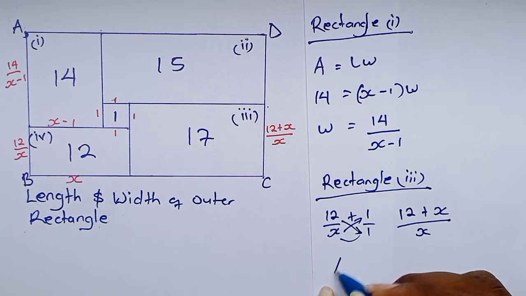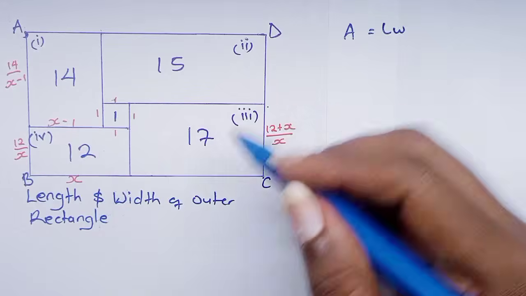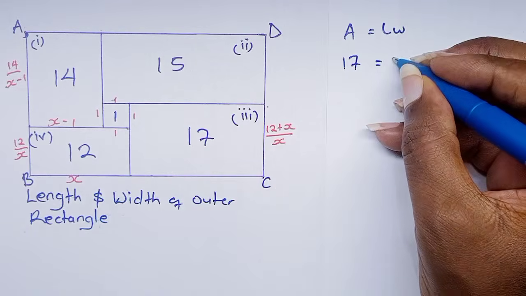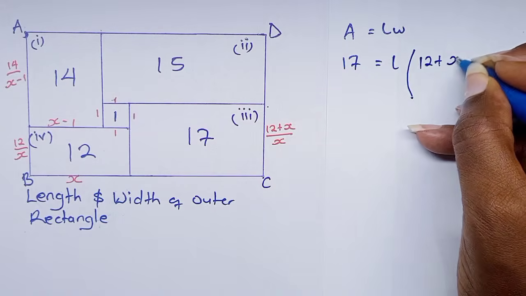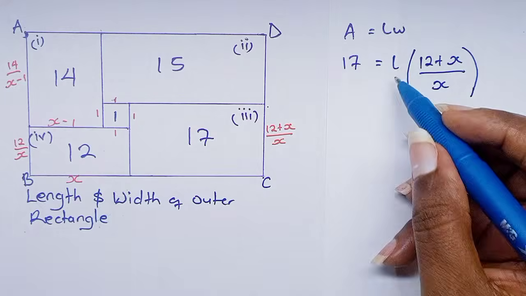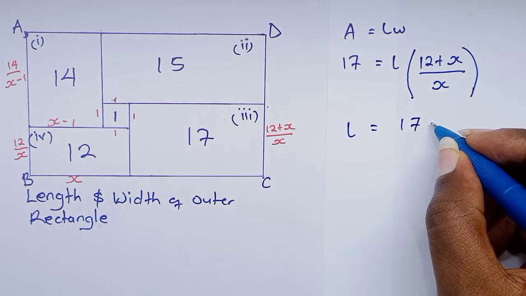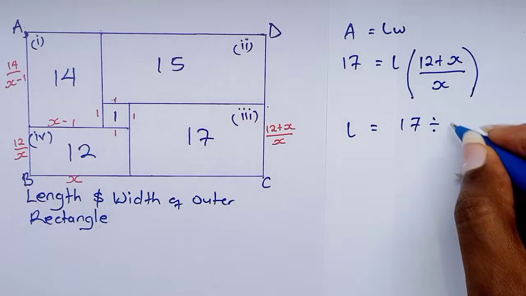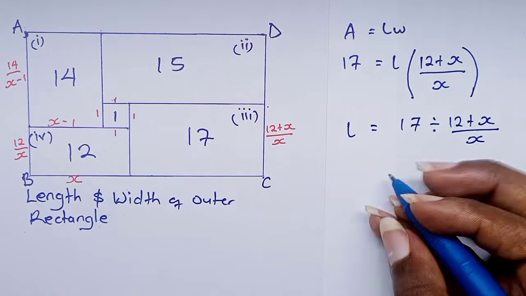We know that area is length times width. We already have our area as 17, so 17 is equal to the length, which we don't know, times this width, 12 plus x over x. So we make L the subject, so the length will be equal to 17 divided by 12 plus x over x.